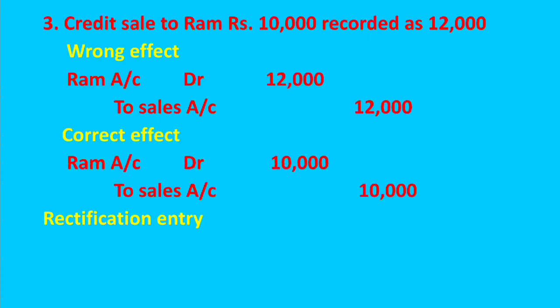To cancel a credit, we can debit the same account. So here we can debit sales account for rupees 2,000. And we want to cancel the excess debit in Ram's account also. To cancel a debit, we can credit the same account. So here we can credit Ram account for rupees 2,000. Then the rectification entry, sales account debtor to Ram account 2,000.